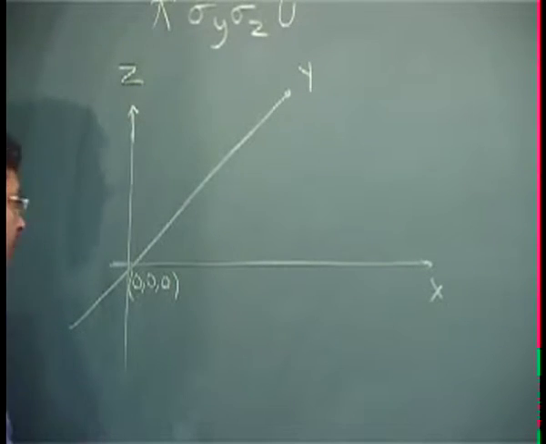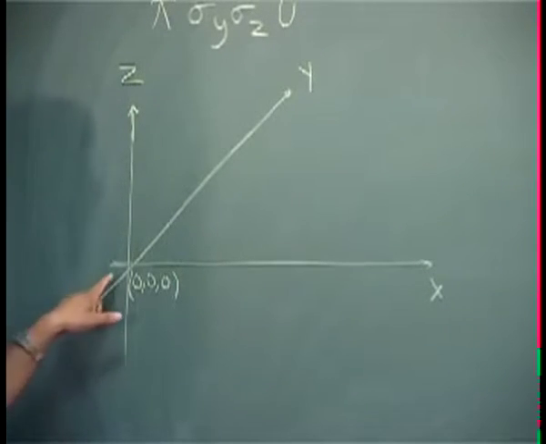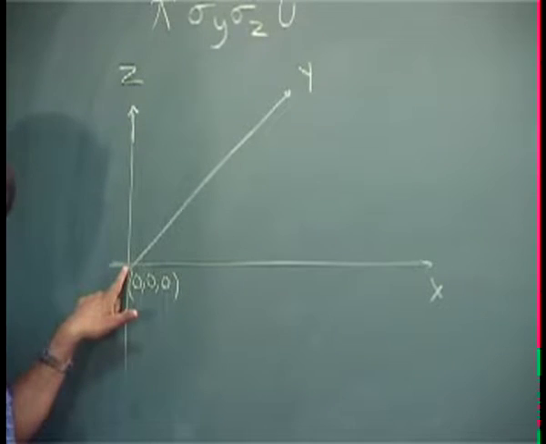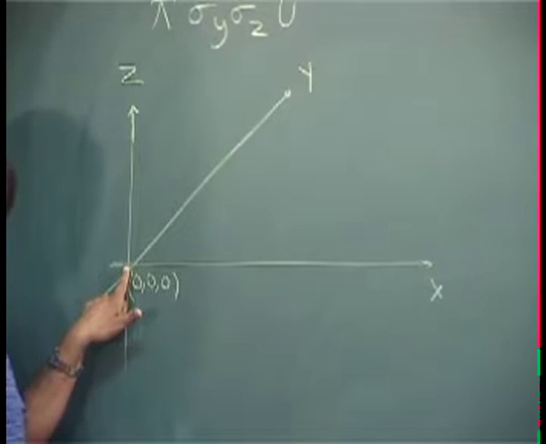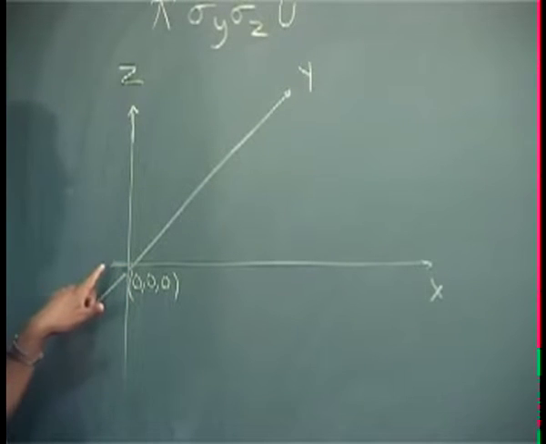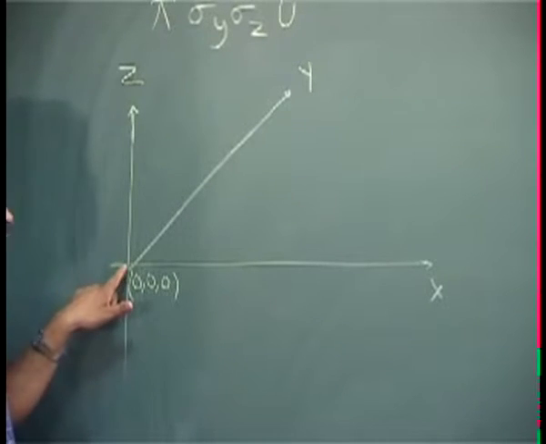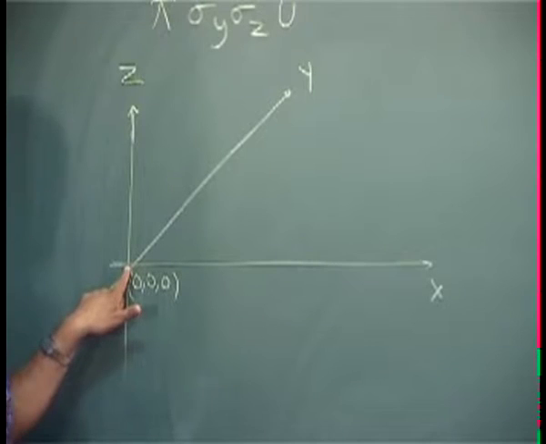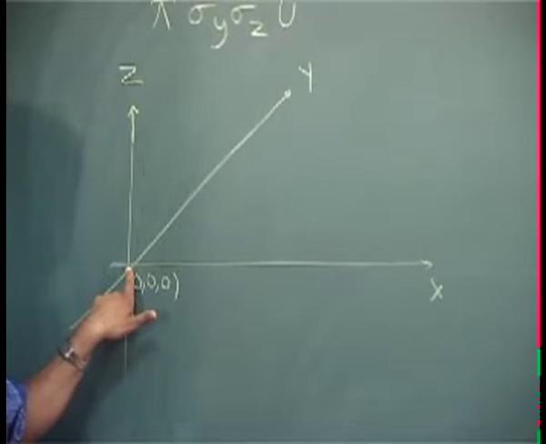So all z I am measuring from here, right? In a way, my emitting source is sitting at this point.